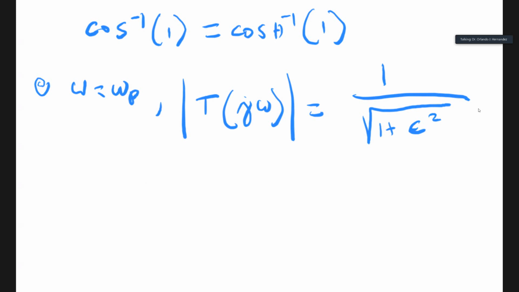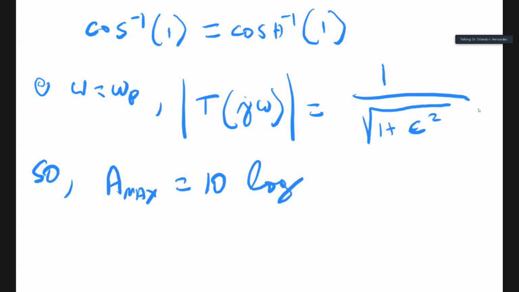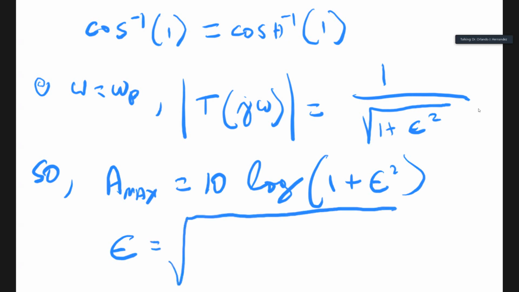And what that means is that A max for this low pass filter is 10 log of 1 plus epsilon squared, and we can find epsilon, which is an important parameter of the filter, from solving for epsilon in above, and we get this relationship.